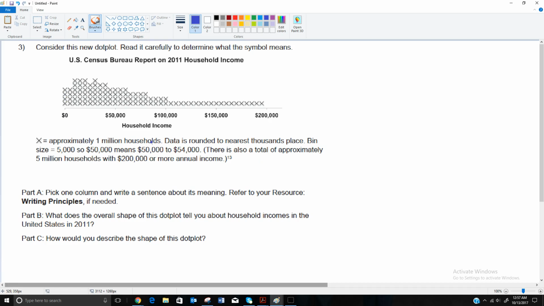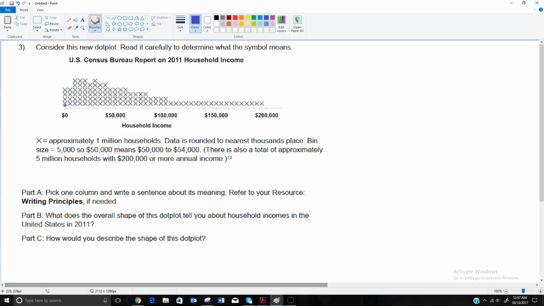And then they've rounded these to the nearest $1,000. If a family made $4,320, for instance, they would still be labeled at 0. So they're not going to make it up to the 5,000 mark until they make over $4,500.